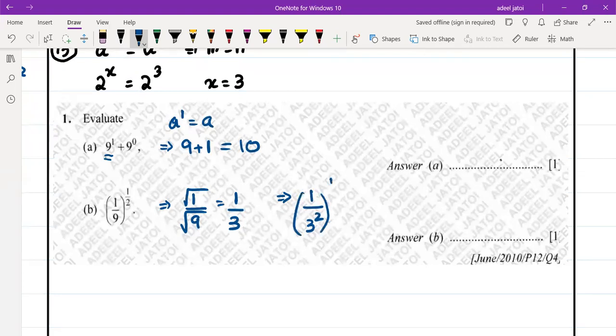So the power is 1 upon 2. Anything to the power 1 multiplied by 1 will be 1. But 2 is being multiplied by half, so 2 ones is 2 and 2 divided by 2 becomes 1. So 3 to the power 1, the answer remains the same, that is 1 upon 3. So for this part, your answer is 1 upon 3. For part 1, your answer was 10.